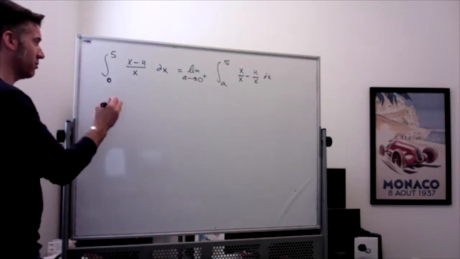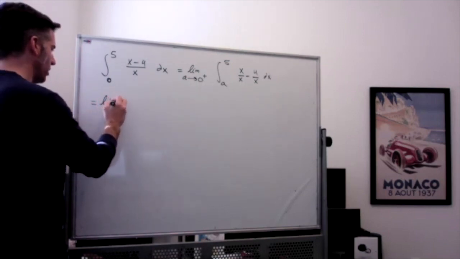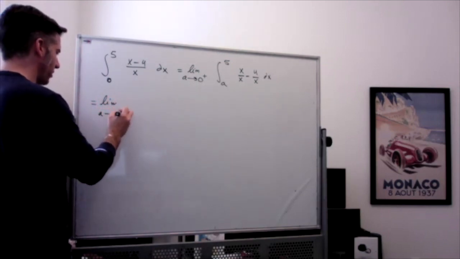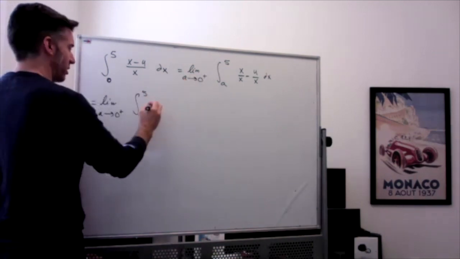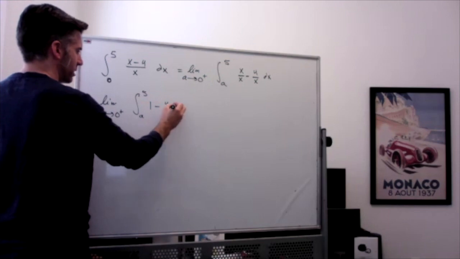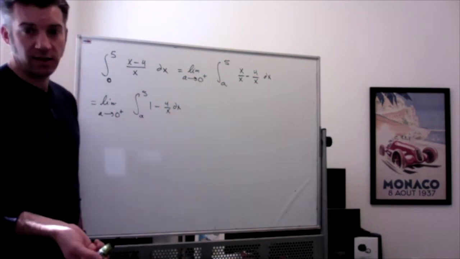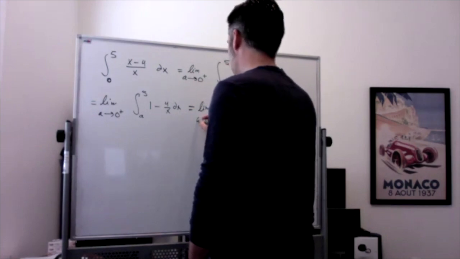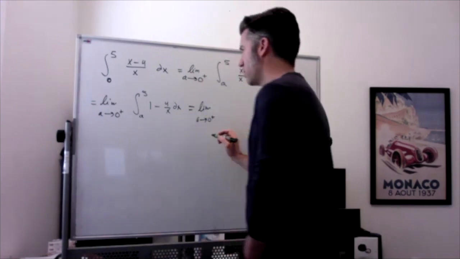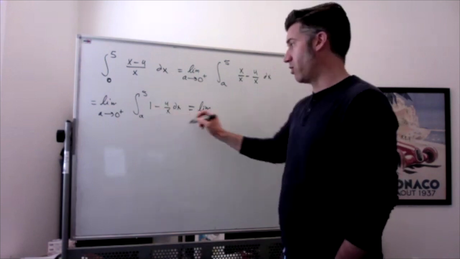Okay, so now we're going to simplify a little bit more. So the limit as a approaches 0 from the right of the integral from a to 5. x over x is 1, minus 4 over x, dx. And now we anti-differentiate. The integral of 1 is x.